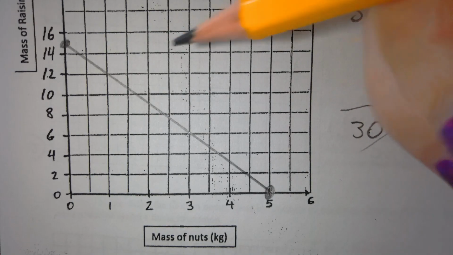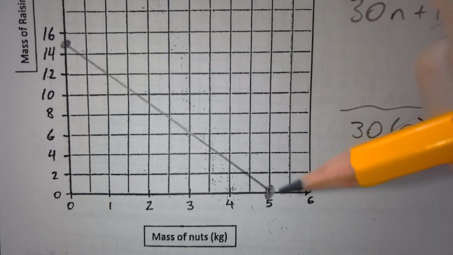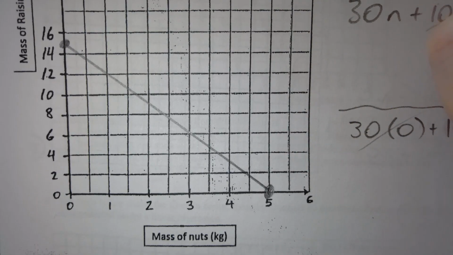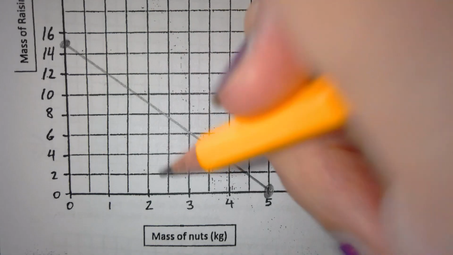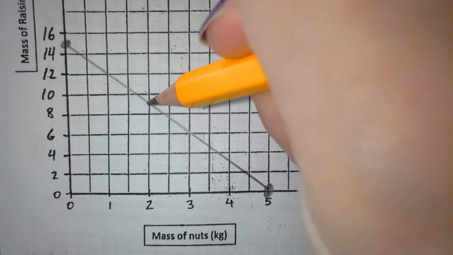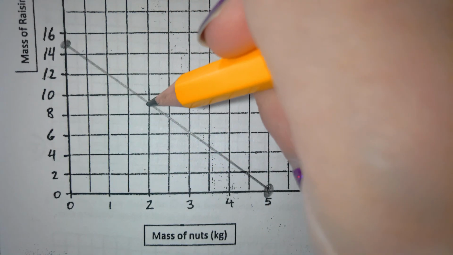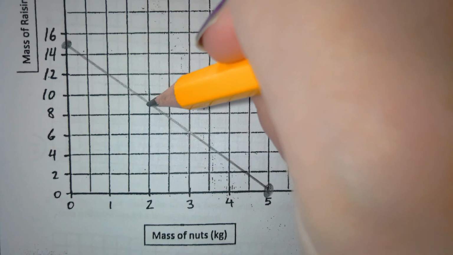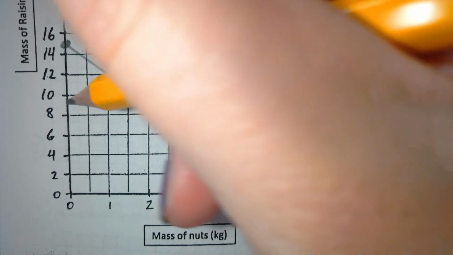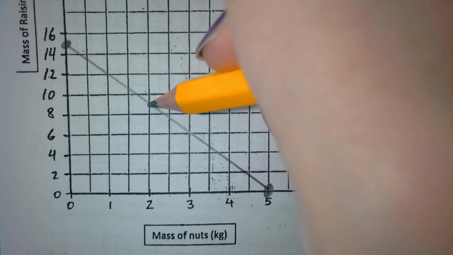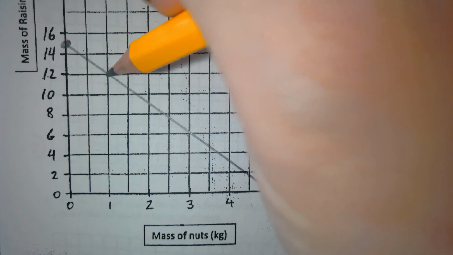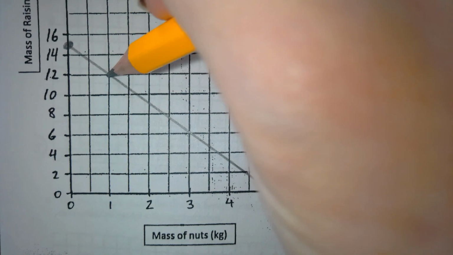Is there any other point that looks nice with whole numbers? Yeah, you could do this one, but it's a little hard to see. Would this point be better?